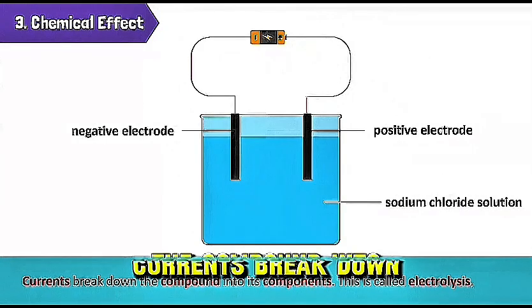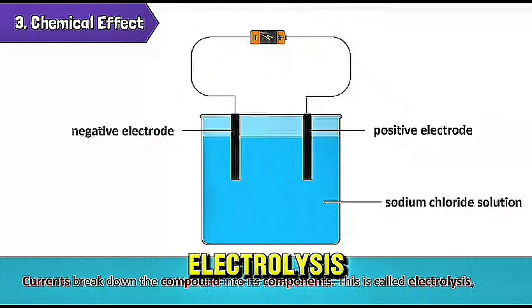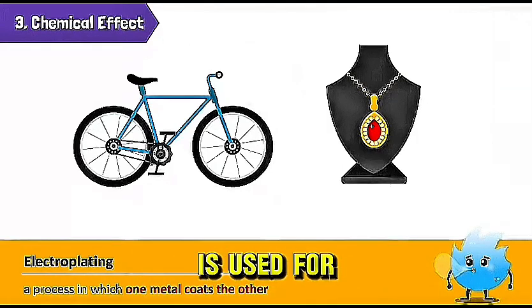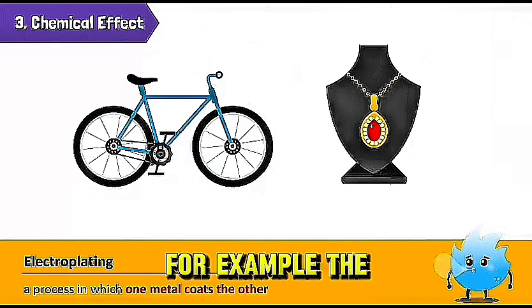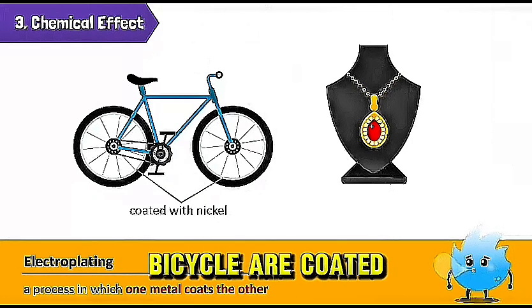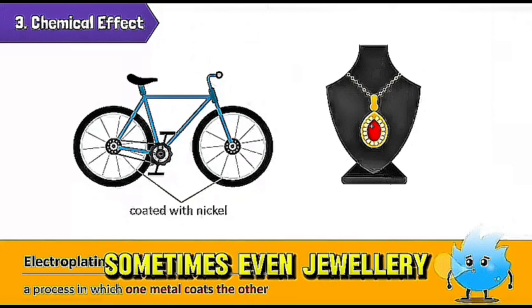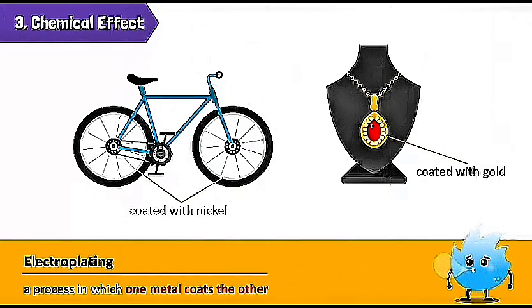Currents break down the compound into its components. This is called electrolysis. This chemical effect is used for electroplating, a process in which one metal coats the other. For example, the rims of a bicycle are coated with nickel. Sometimes even jewelry is coated with gold to enhance its beauty.